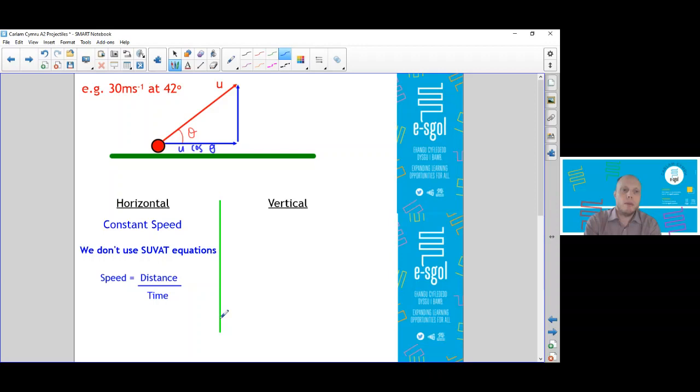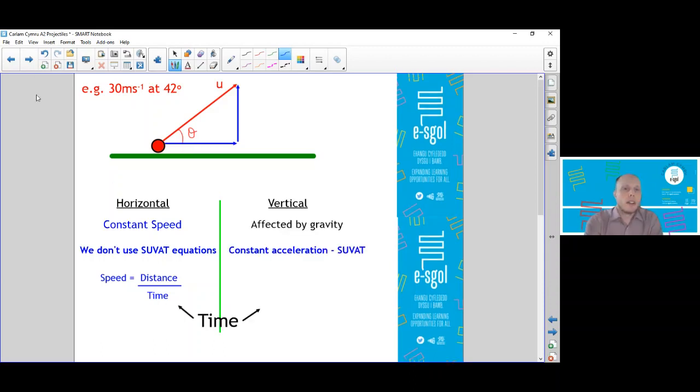Because it's constant speed, we don't need to use any SUVAT equations. We can just simply use speed equals distance over time or any of the rearrangements of that. Okay, so distance equals speed times time, or time equals distance over speed. Okay, so the horizontal direction we often find is easier to work with.